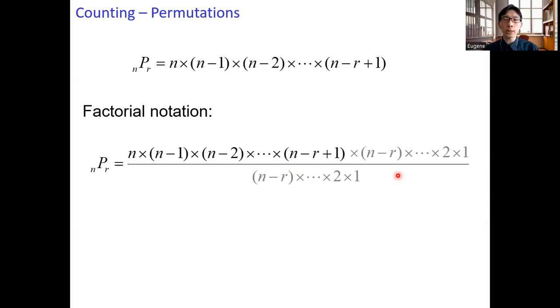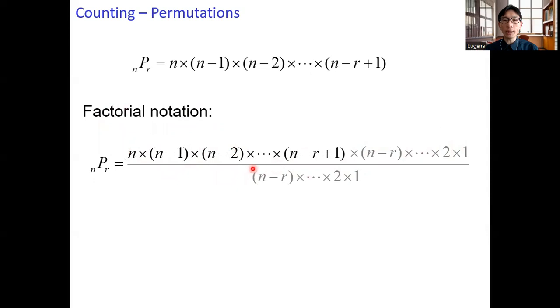What is the expression in the numerator? We start from n times n minus 1 times n minus 2 until by 2 by 1, so this is equivalent to n factorial.